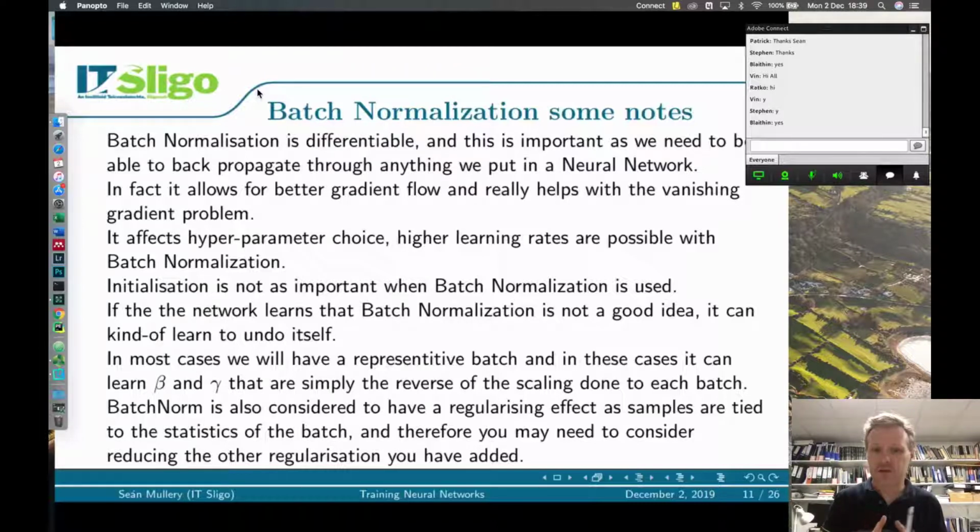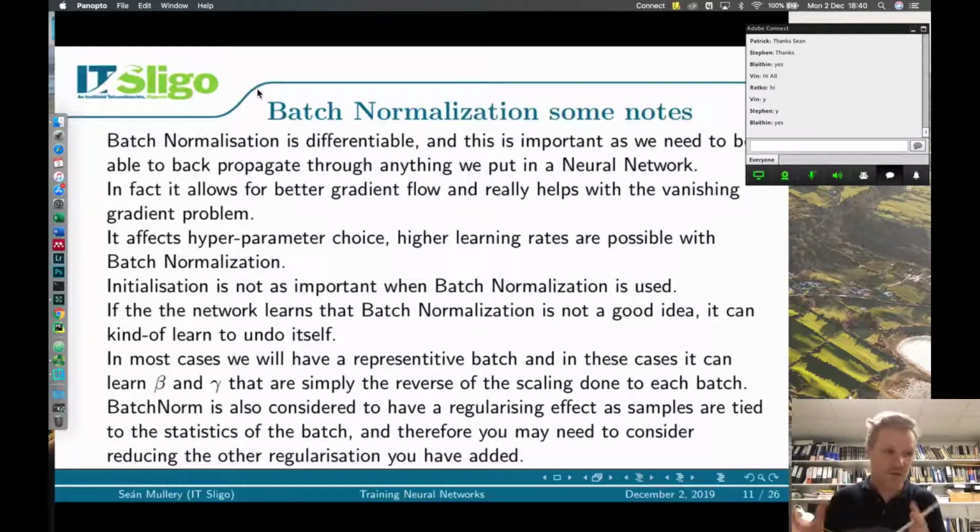Batch norm is also considered to have a regularizing effect, and that regularizing effect means that it tends to generalize a little bit better. The reason for this is that rather than getting to see individual samples which it can overfit to, instead it's getting some statistics that are related to the entire batch.